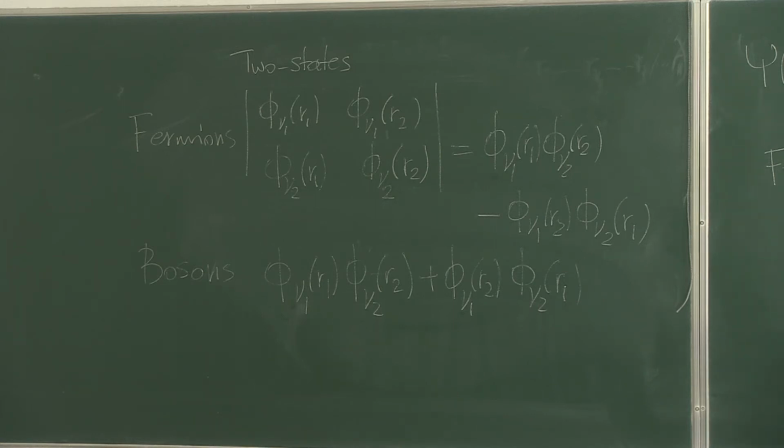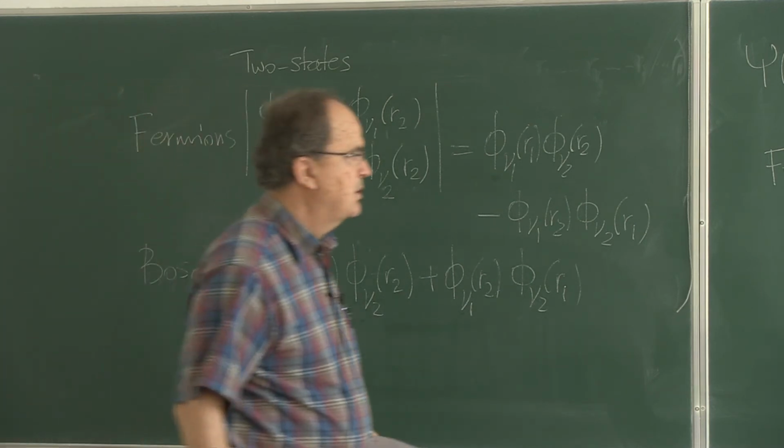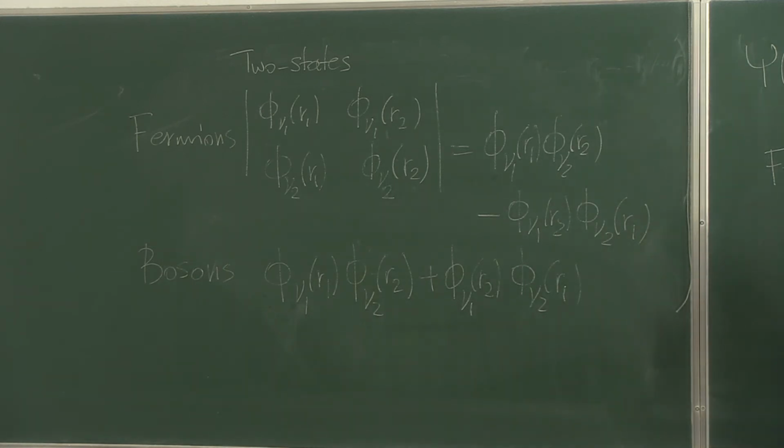Of course, to normalize them, you have to multiply this by 1 over 2 factorial for a two particle system. For an n particle system, then the most general way of writing this is the following. I have written for fermions a determinant, usually called the Slater determinant. Here is the general form.